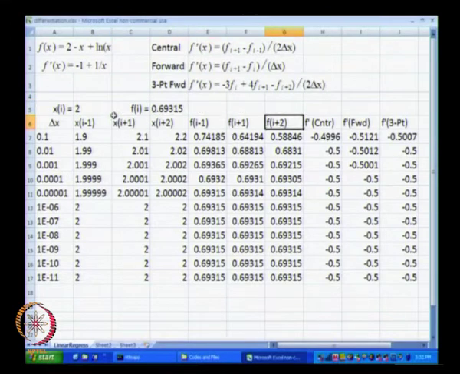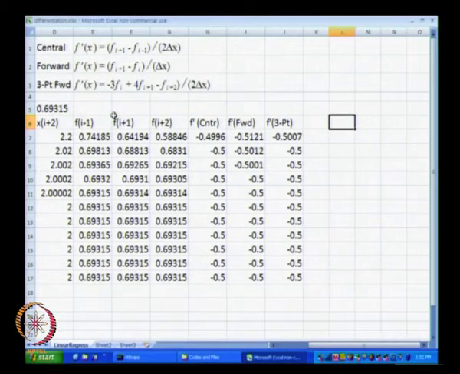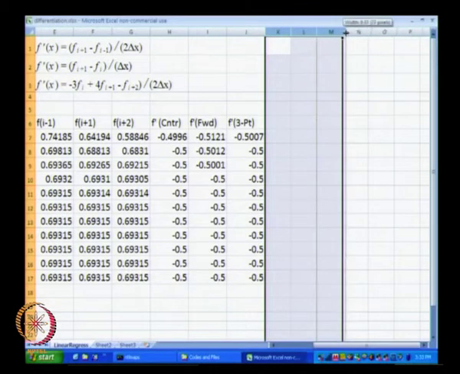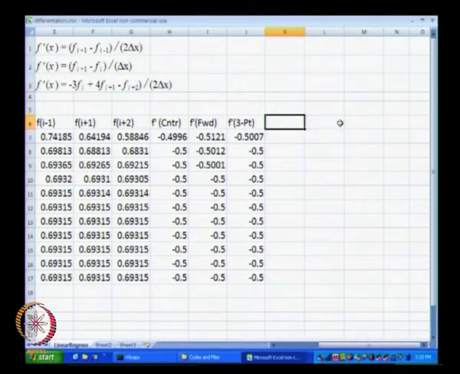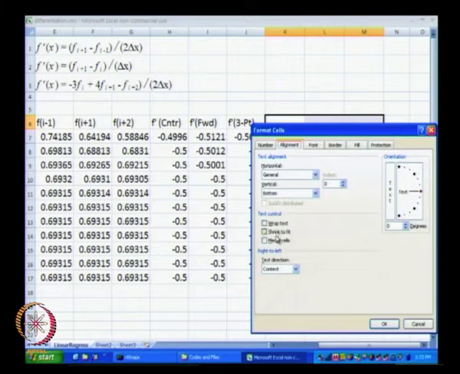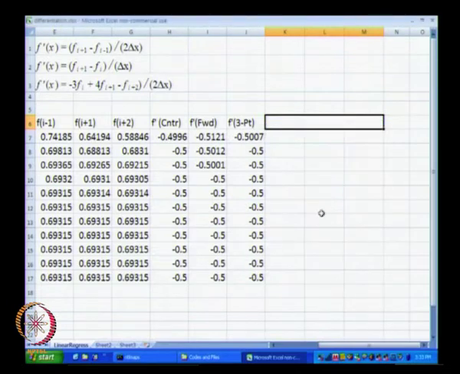So let us now look at the errors in these values. So the next 3 cases are going to be errors in the values. So I will just format this. Okay.